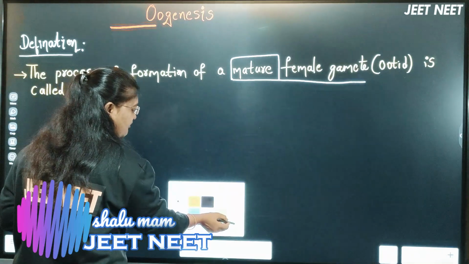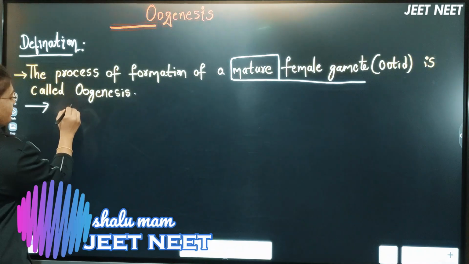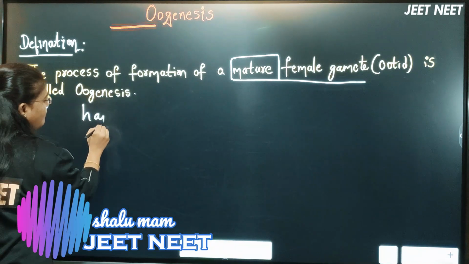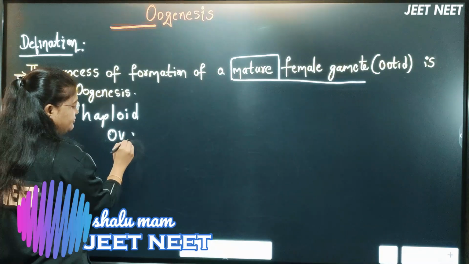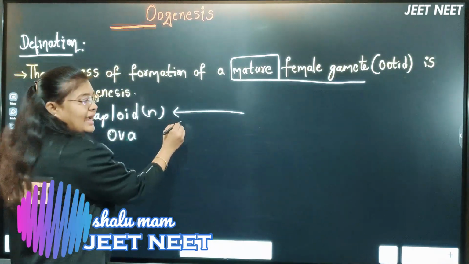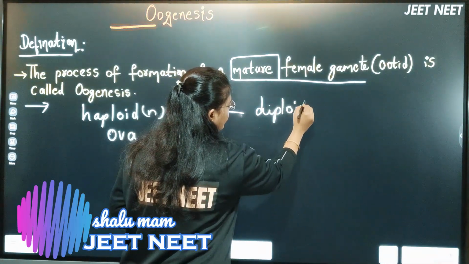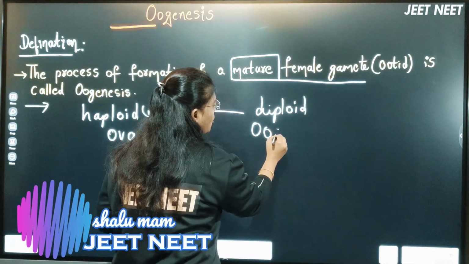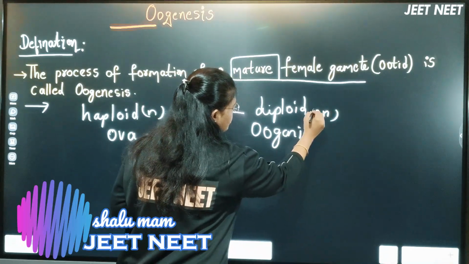If I give another definition for the oogenesis process, that is formation of haploid ova, haploid is nothing but n, from diploid oogonia, right? Diploid is nothing but 2n.